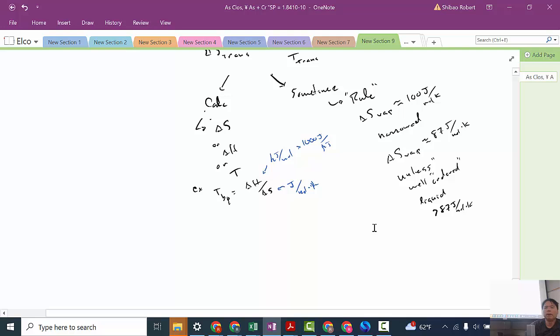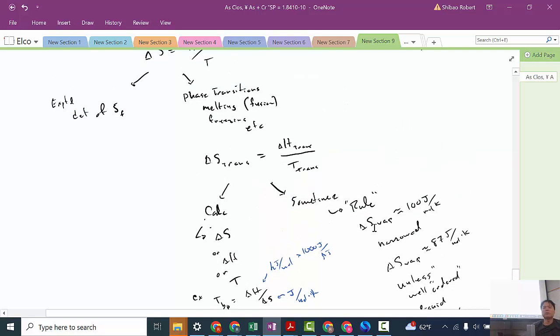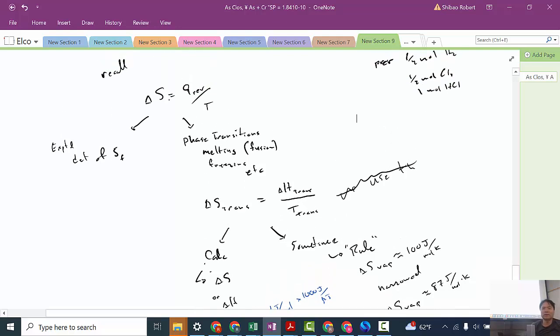But that's another way we use this, Clausius. And then there's one more way we use this, and this is a very powerful way. We use this, not this. Go back up. We use this. This is probably one of the biggest applications.